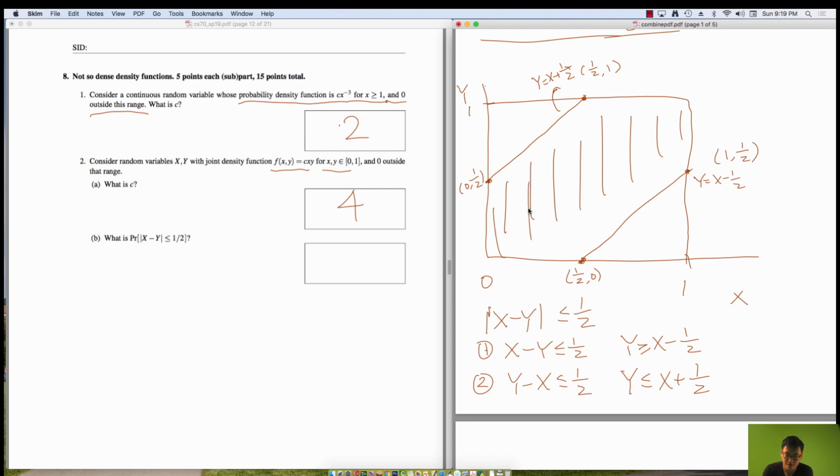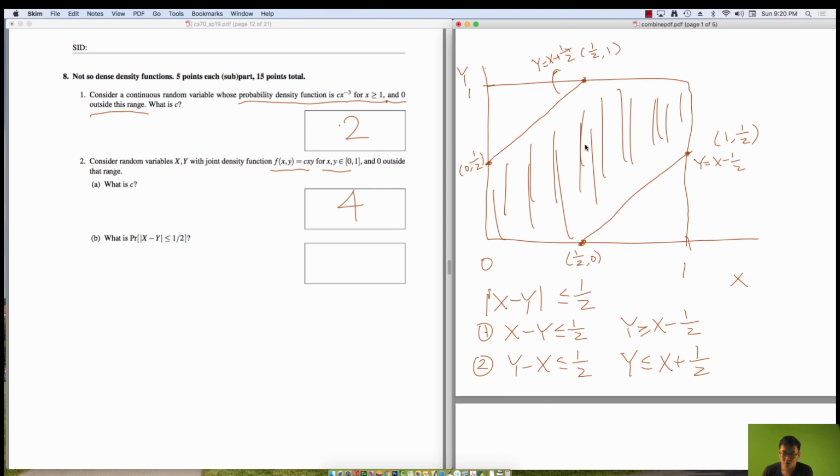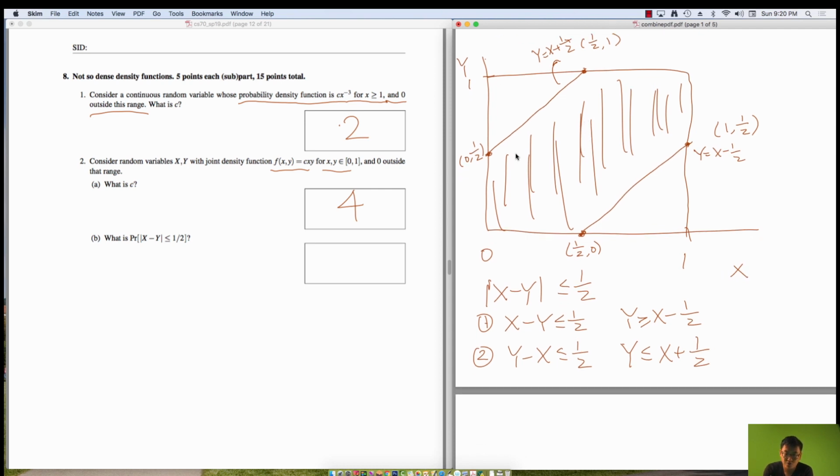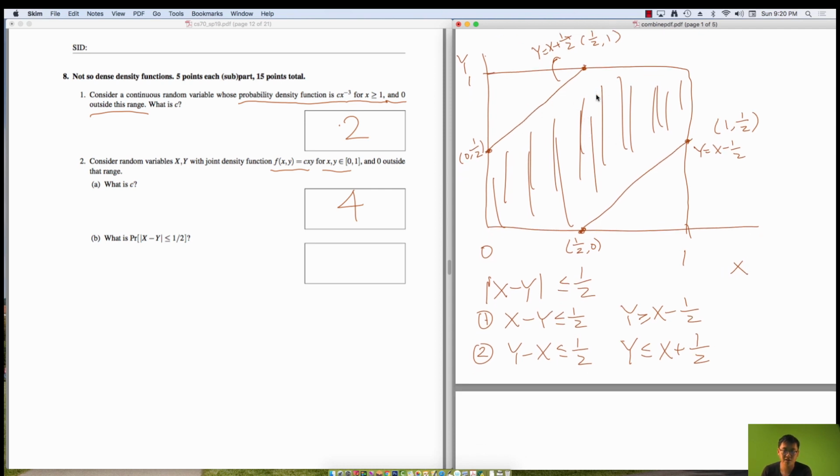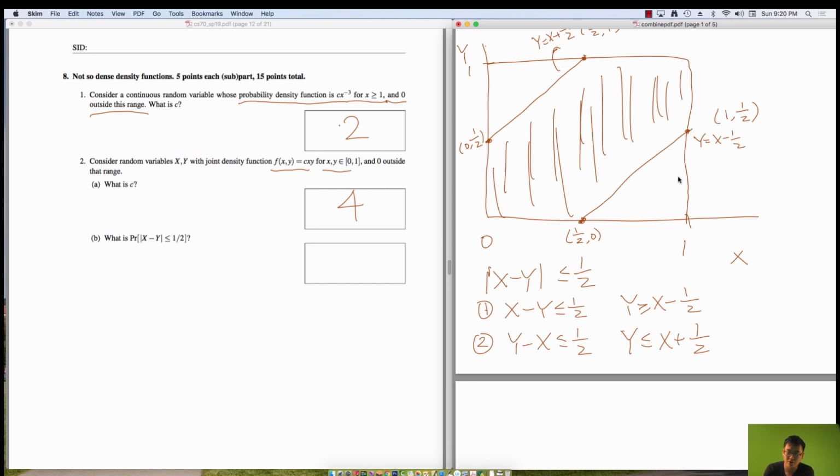So I basically want to find this region right here. And if you notice, this region is quite difficult to integrate. It's a hexagon-shaped region. So what I can do instead of integrating over this region is to consider the complement. And if you notice, the complement is basically these two triangles right here.